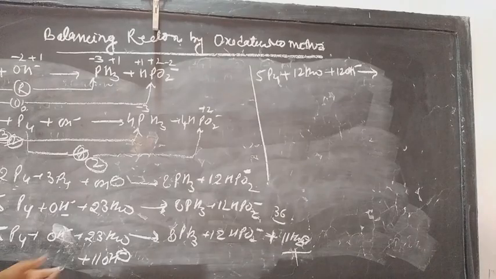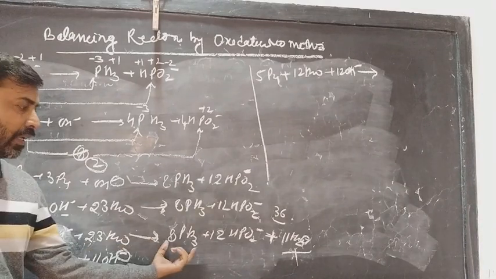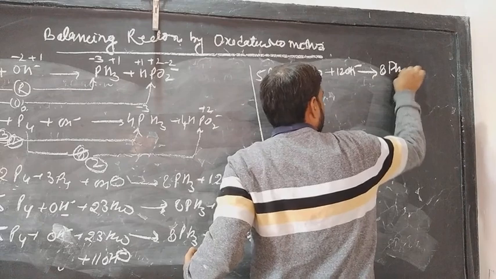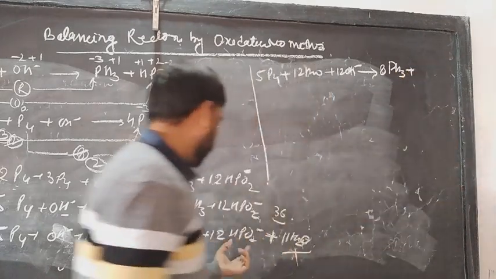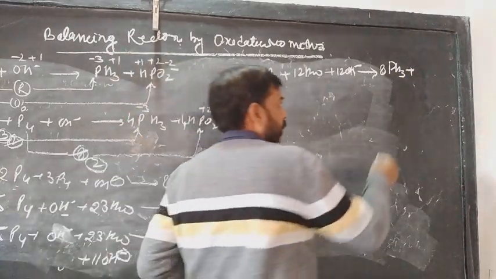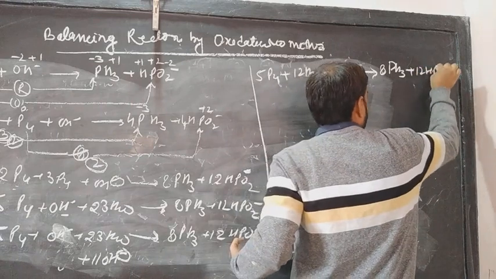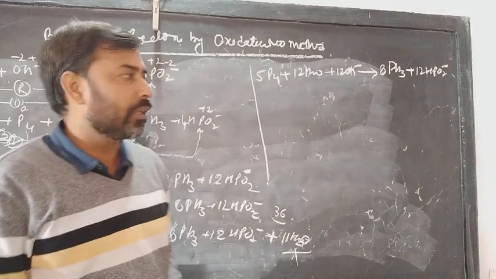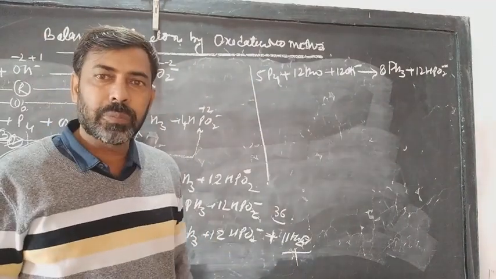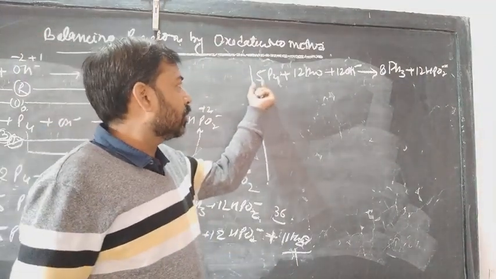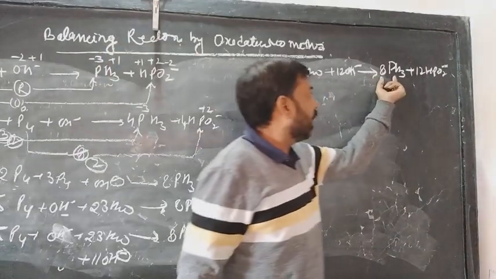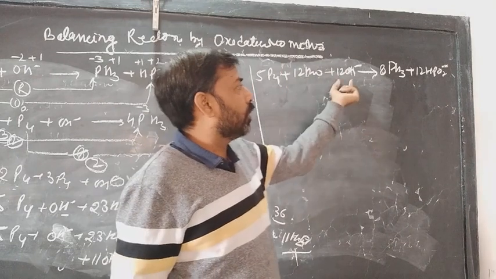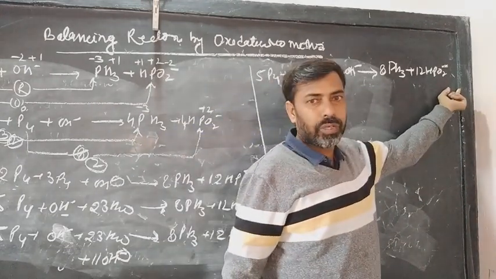Now on the next side it is 8PH3 plus 12HPO2 negative. Water has already cancelled, so there is no need for it. So see whether the reaction is balanced or not. Total phosphorus 5 times 4 is 20, 8 plus 12 is 20. Total oxygen 12 plus 12 is 24, 12 times 2 is 24.